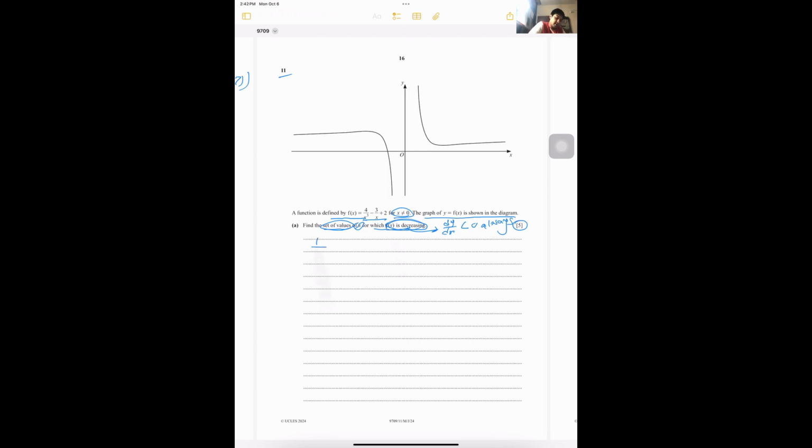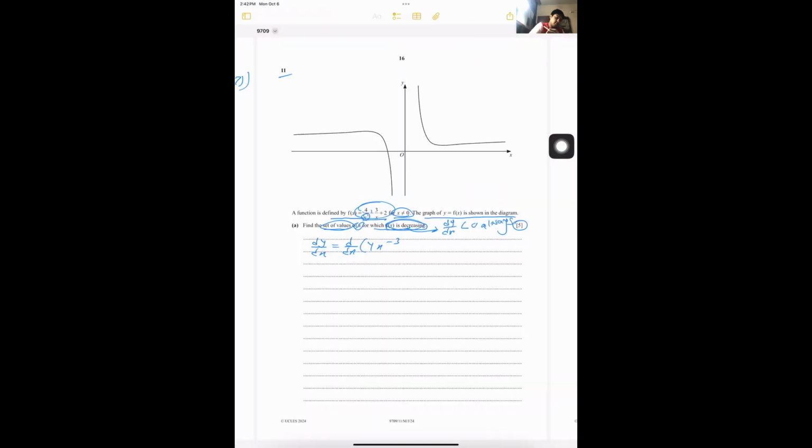So dy by dx is equal to dy by dx of, we will convert this to a little simpler version. We'll take this x to the power cubed as x to the power minus 3, and we'll write it as 4x minus 3 minus 3x minus 1 plus 2, and we'll differentiate this.